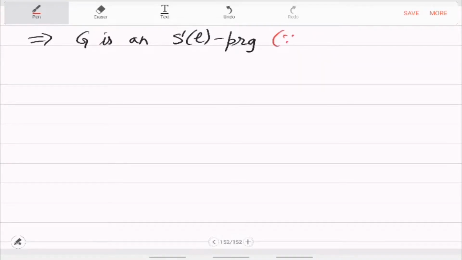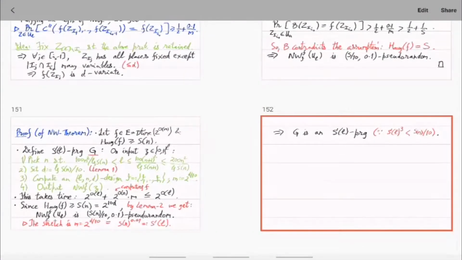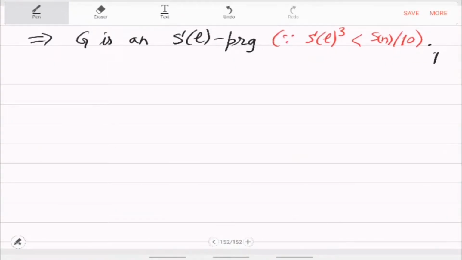Note that in the definition of PRG we had this S prime L cube circuit, right? So you should observe that S prime L cube is smaller than S of n by 10, and since we have shown that the NW image is S of n by 10, you do get that it is an S prime L PRG. So, that finishes the proof.